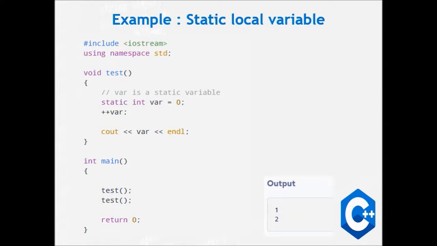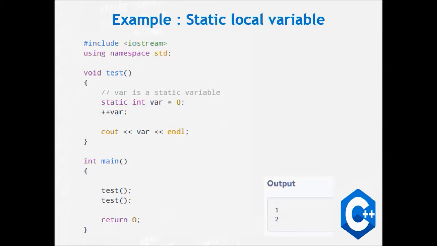So here is an example for the static local variables. First of all, we define a user-defined function test with no return type and zero arguments. In the body of the test, we declare a variable int var and we assign it a value 0, as we use the keyword static in front of it.